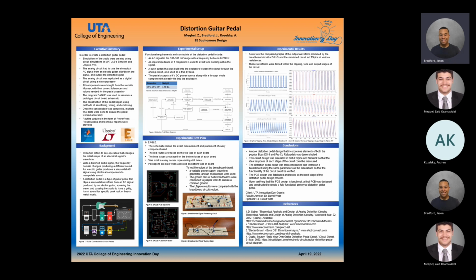After we simulated this, we then used Eagle as a prototype of the breadboard circuit to make the process of breadboarding more simple. The results of the breadboard were then tested using an oscilloscope. Then we compared the waveforms of the audio signal with what we simulated in LTSpice and MATLAB in order to verify that we're getting the correct output for the distortion guitar pedal.